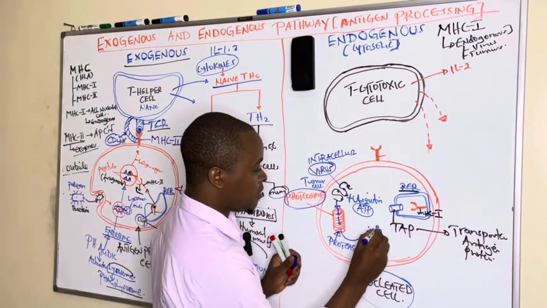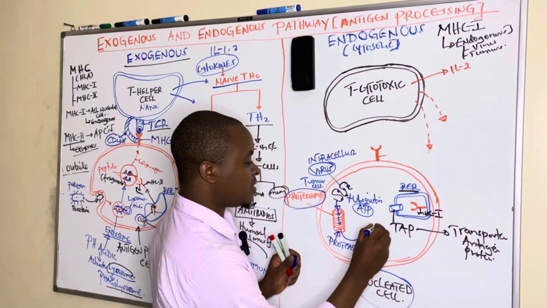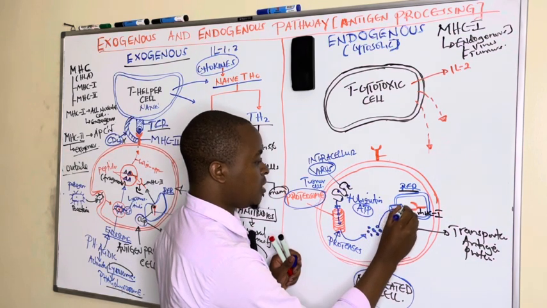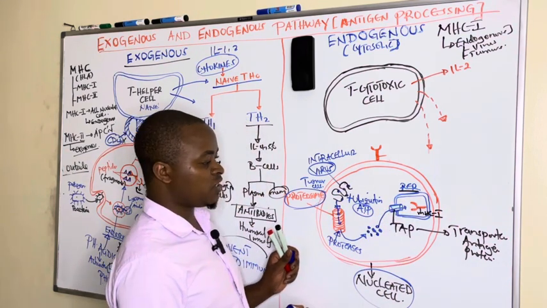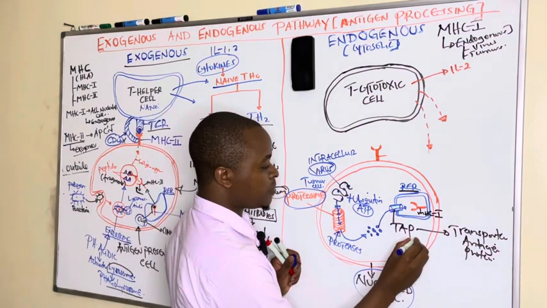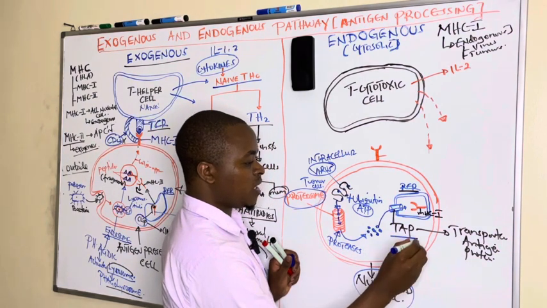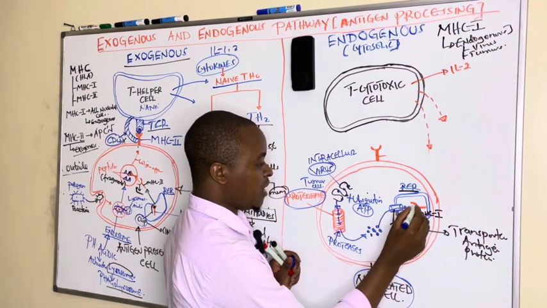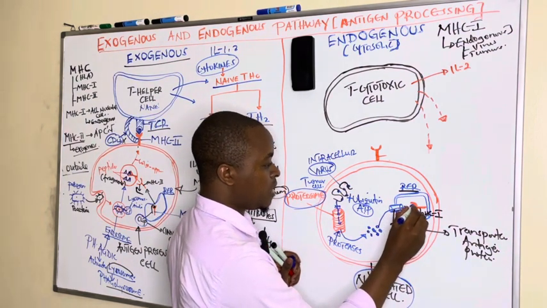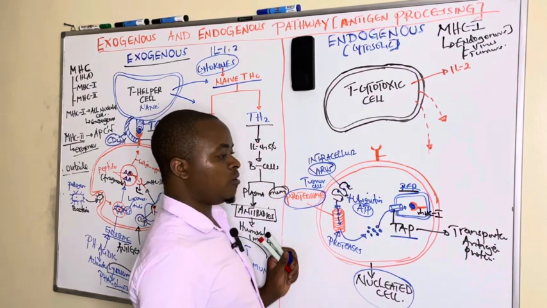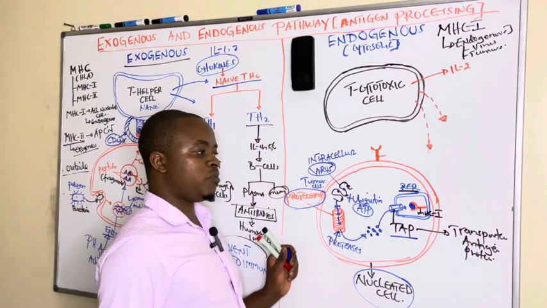The fragments cut from the virus enter into the rough endoplasmic reticulum via TAP, and after entering, they bind on major histocompatibility class type 1.